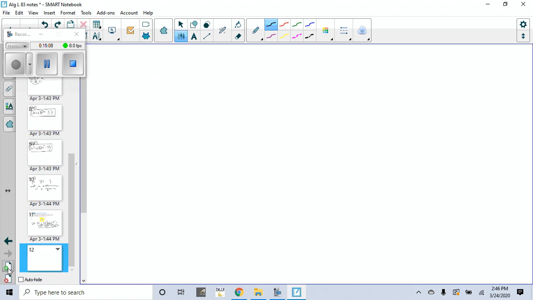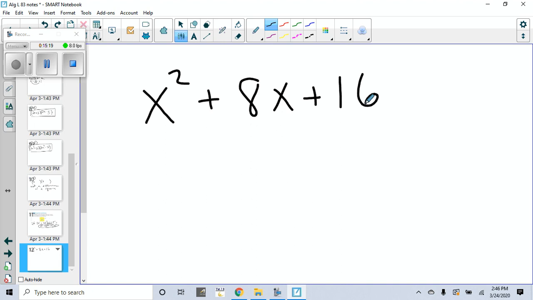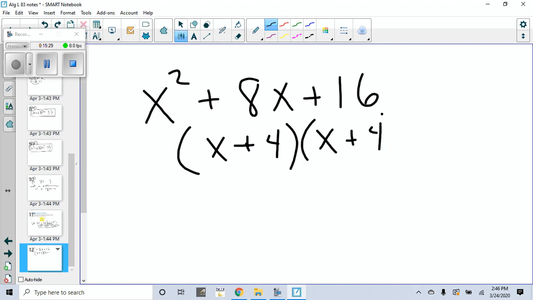Perfect square trinomials would be something like x squared plus 8x plus 16. Because when you factor that, you get x plus 4 times the quantity x plus 4. You get two identical binomials. It's the perfect square trinomial.